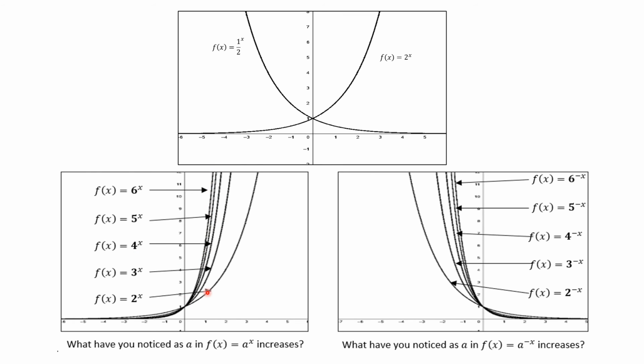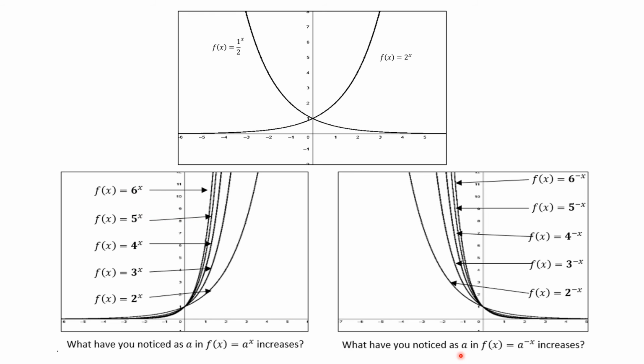What have you noticed? As the value of a increases, 2, 3, 4, 5, 6, the graph gets closer and closer to our y-axis. Here is our y-axis. So it gets closer and closer if a is increasing.